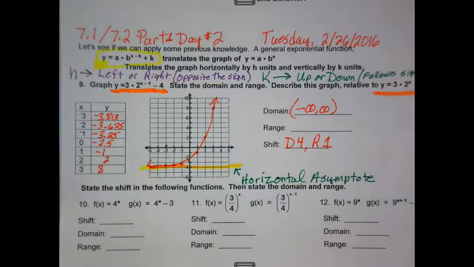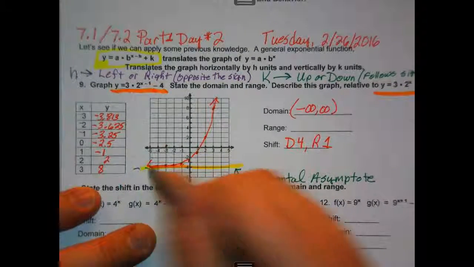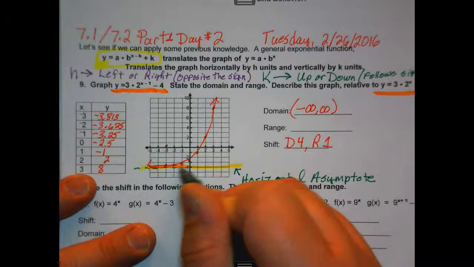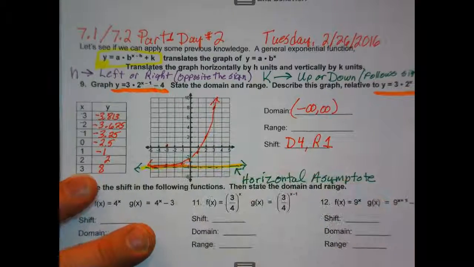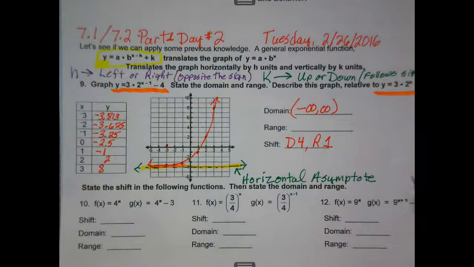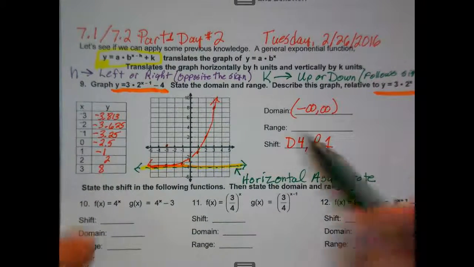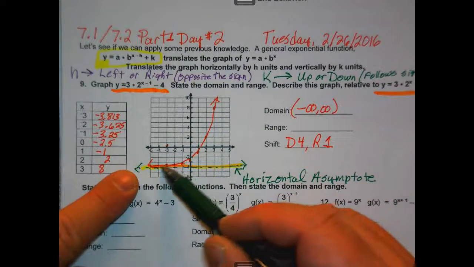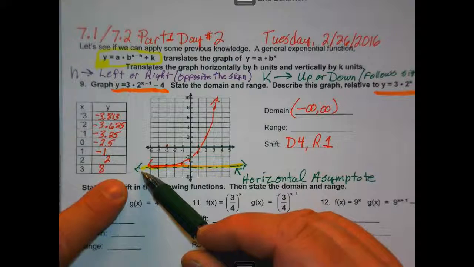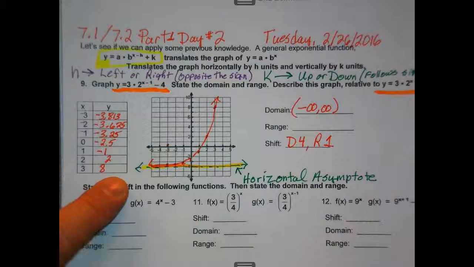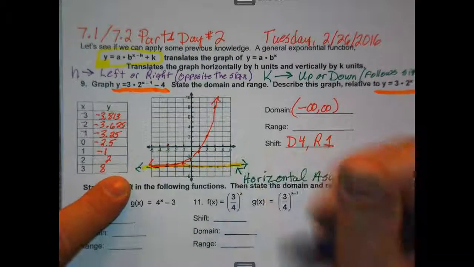Okay, so what's my range here? Oh, by the way, what does asymptote mean? It means my function gets really close to this line, but never touches or crosses it. And this line's equation is what?